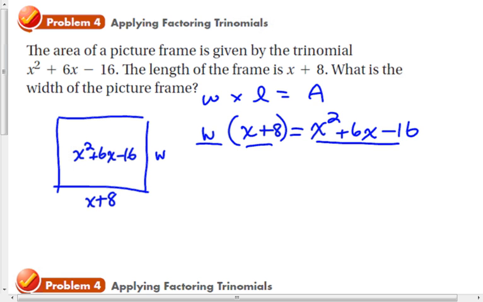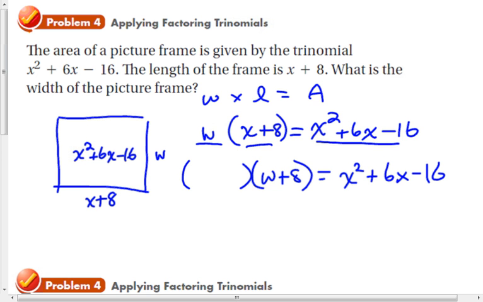So I know w is going to be in this form. And I also know that my first two terms multiply together, my two x's, or my x times this, has to equal x squared. So I'm just going to know that that's going to be x.